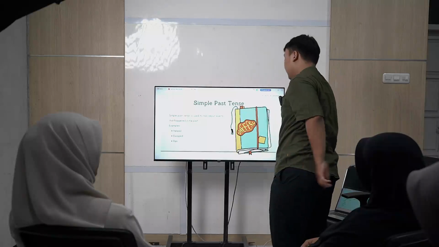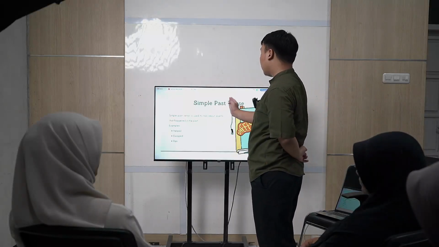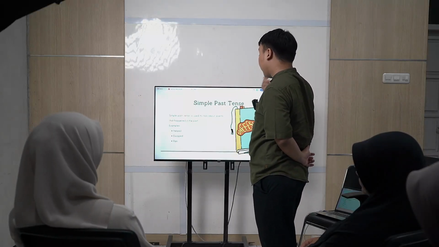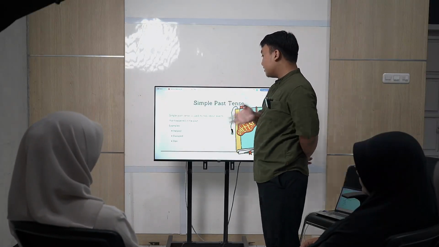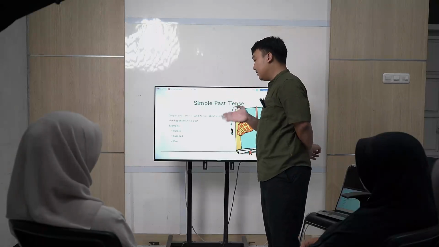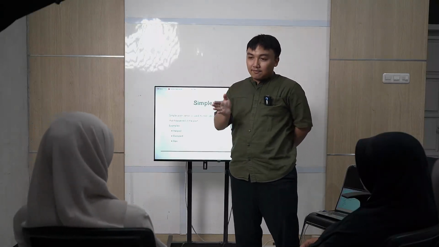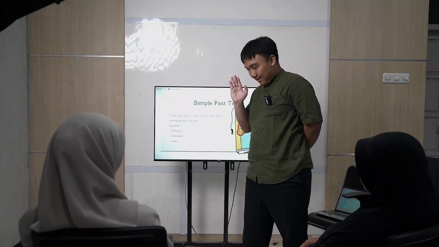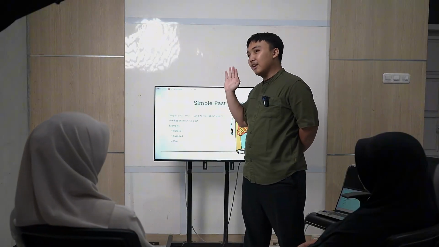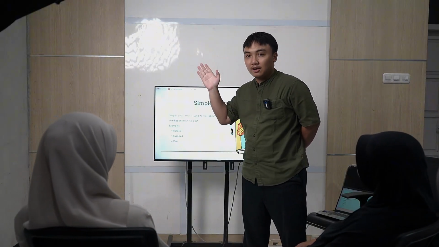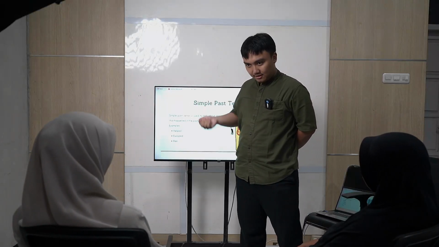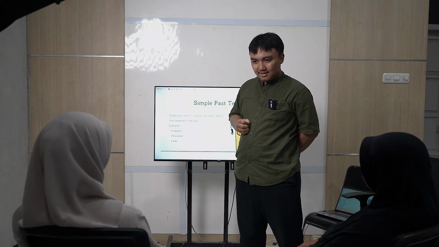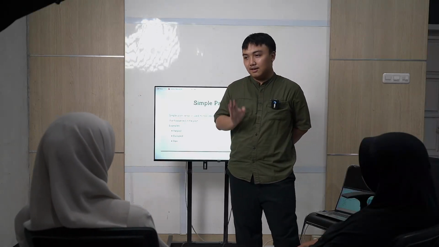So we have the simple past tense. It is used to talk about events that happened in the past. For example, we have helped, escaped, ran. Can somebody give me an example? Anis, what is the word after "eat"? Ate. Okay, good.